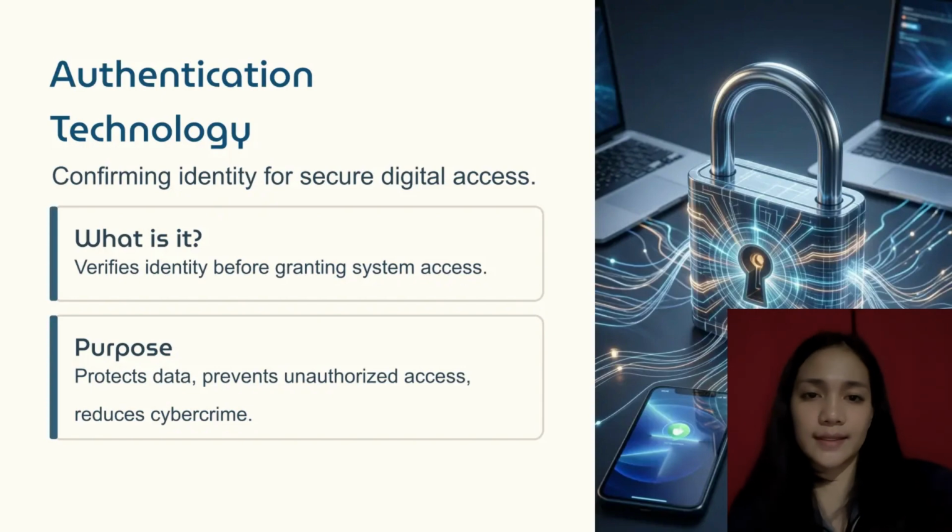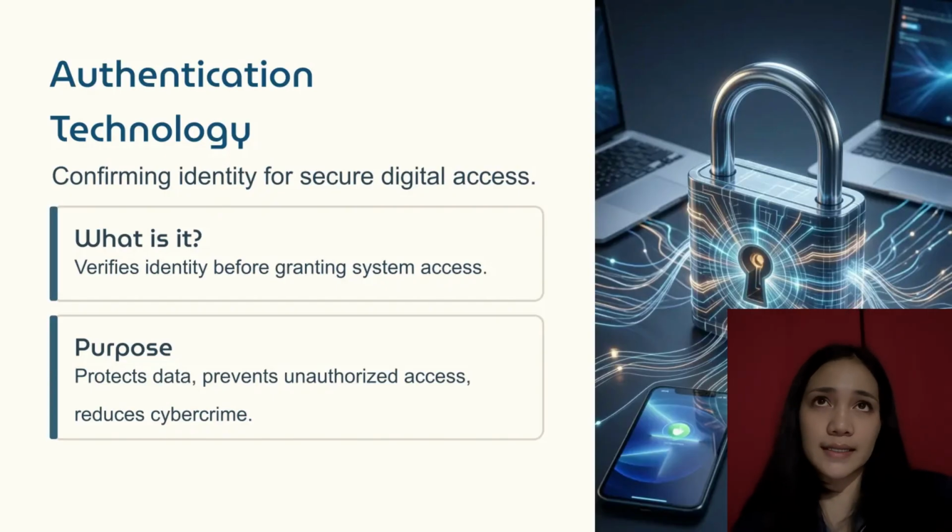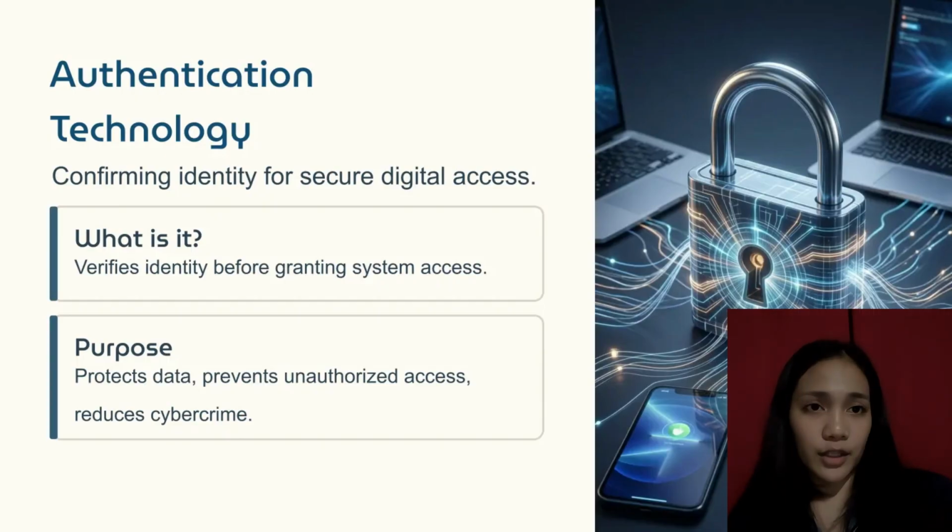Next slide. What is it and what is its purpose? Authentication technology is used to verify someone's identity before giving access to a system. This means the system checks if the information we entered is correct and if it belongs to you.